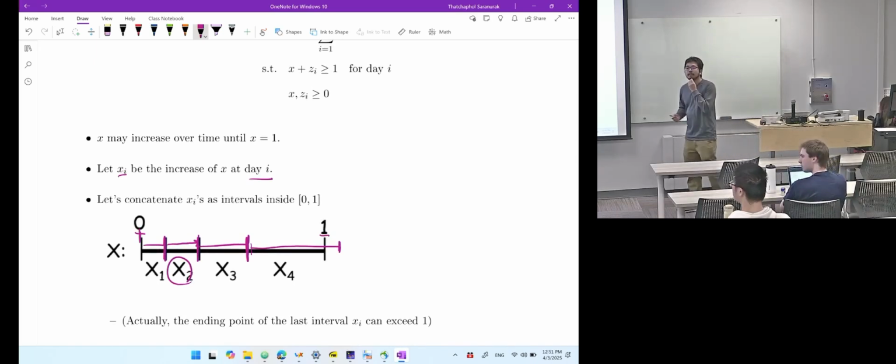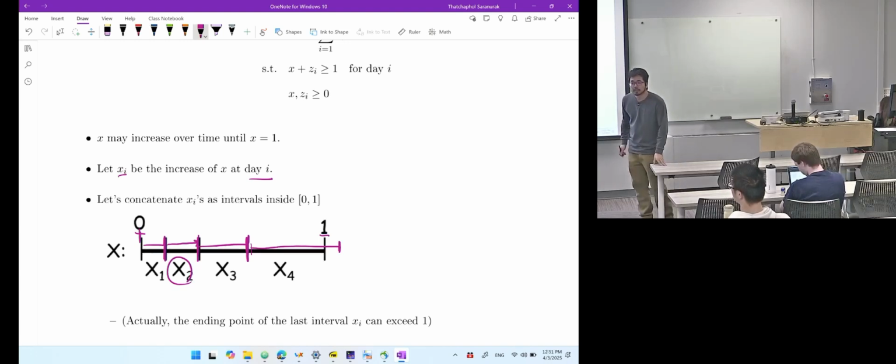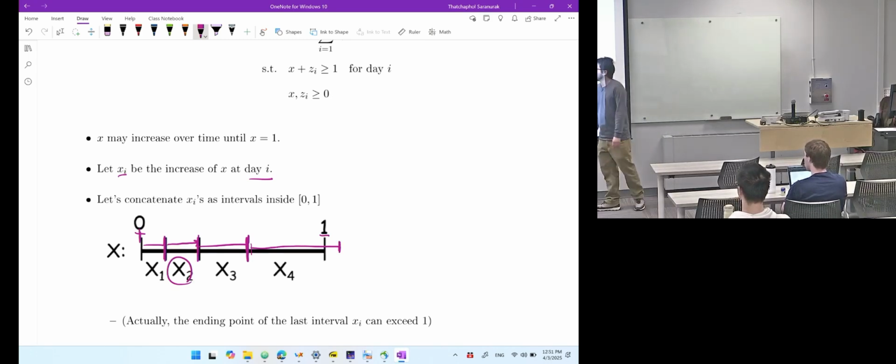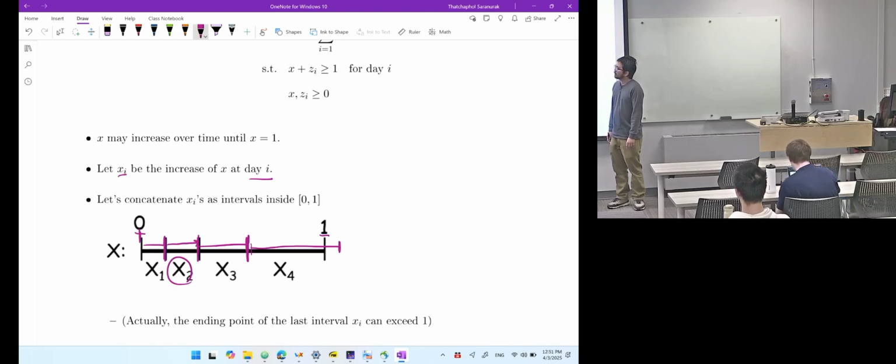Probability that you buy is how close it is to 1? Maybe be more specific. Probability x_i. So we're going to buy on day i with probability x_i, something like that.